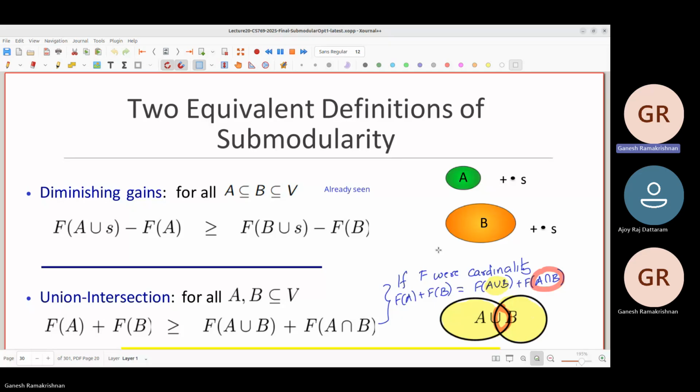The first one, which we built upon the concavity property applied to discrete functions, is diminishing returns, right? And the second one was basically the union-intersection property. So what we wanted to show was that the diminishing returns property is equivalent to the union-intersection property.